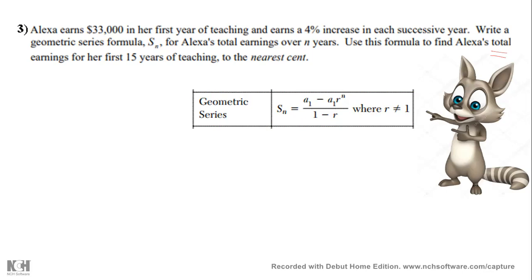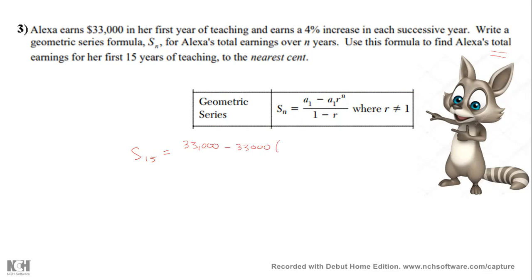Okay, so I have S of 15, because it's 15 years, A sub 1, she starts out with the $33,000, minus A sub 1 again, which is 33,000, times my R value.